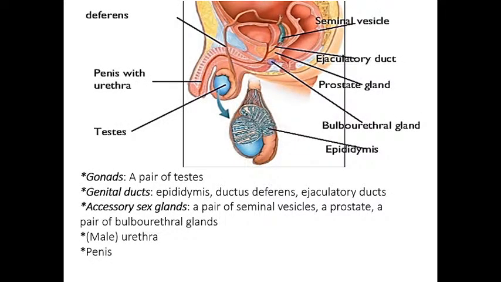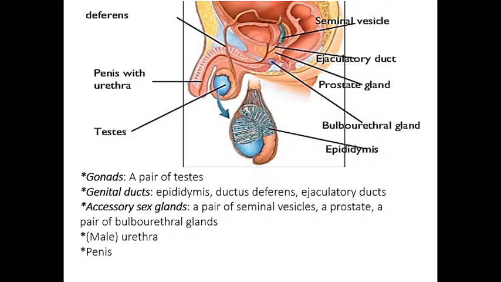We already know this from before, that the male reproductive system consists of a pair of testes, which are the gonads, then genital ducts which convey the secreted or manufactured substances, that is the male spermatozoa, as well as the hormones which are secreted by the gonad.